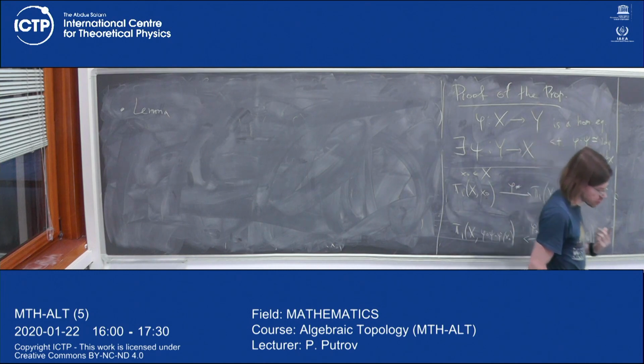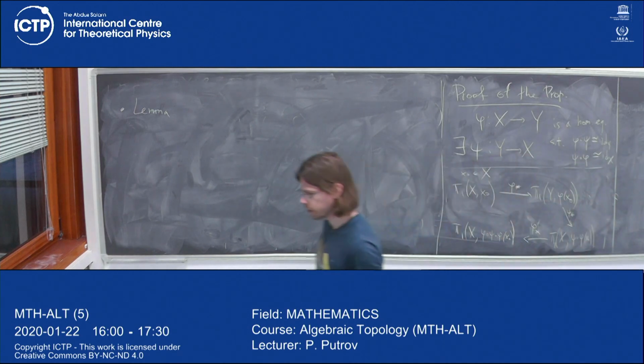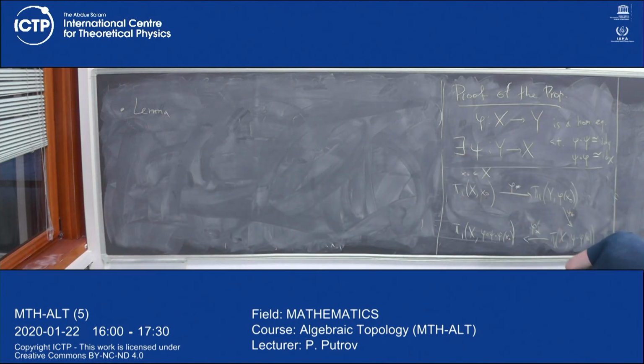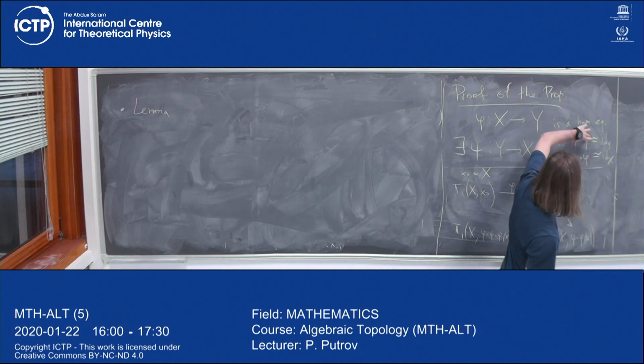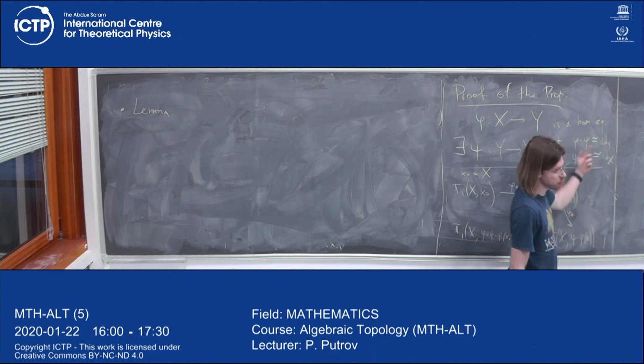In the lemma we showed that if two maps are homotopic, their push forwards differ by this map beta h which we defined. But we also showed that beta h is an isomorphism. So if I take the push forward of the left-hand side, it will be an identity up to an isomorphism. So we still have the statement that this is an isomorphism.